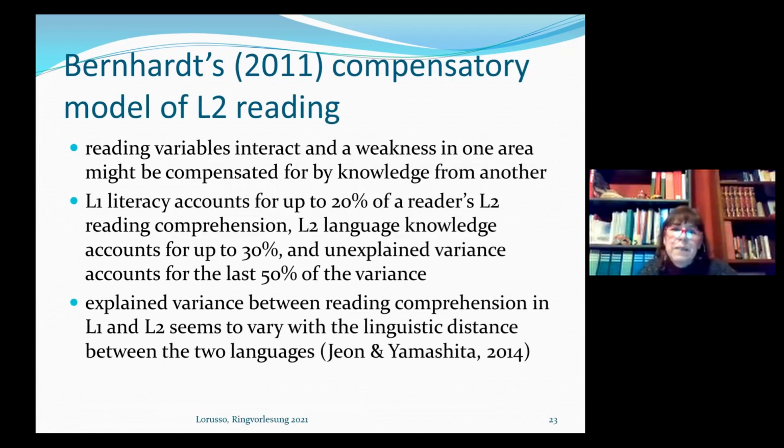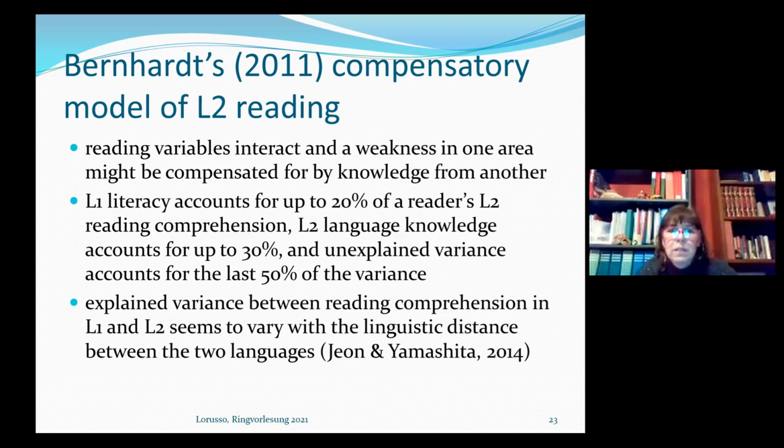I found an interesting model by Bernard, trying to describe learning to read in two languages as a compensatory process, where weaknesses in one area can be compensated by knowledge in another area in language.